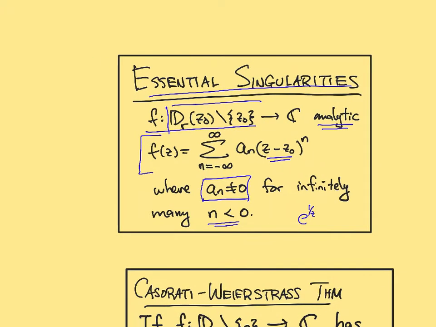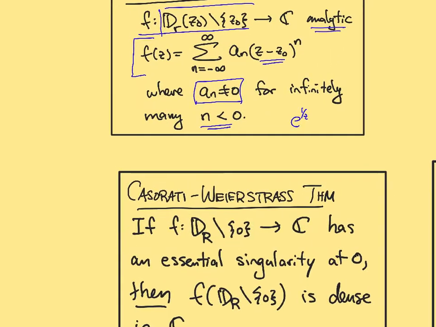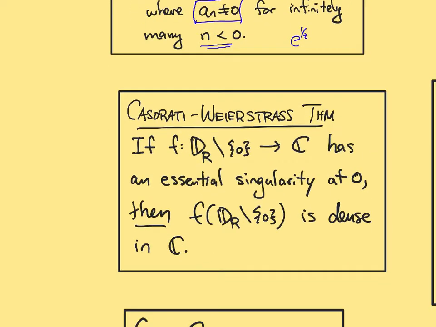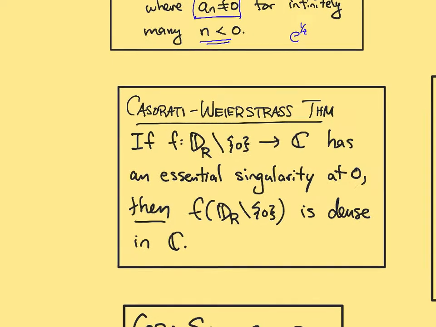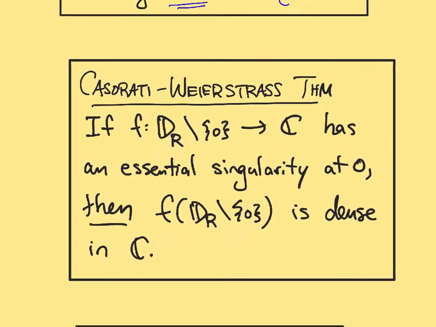The next theorem, called the Casorati-Weierstrass theorem, will show us that functions at essential singularities have sort of wild behavior.